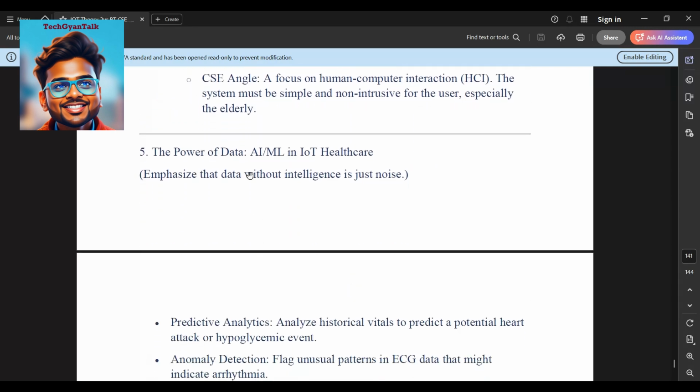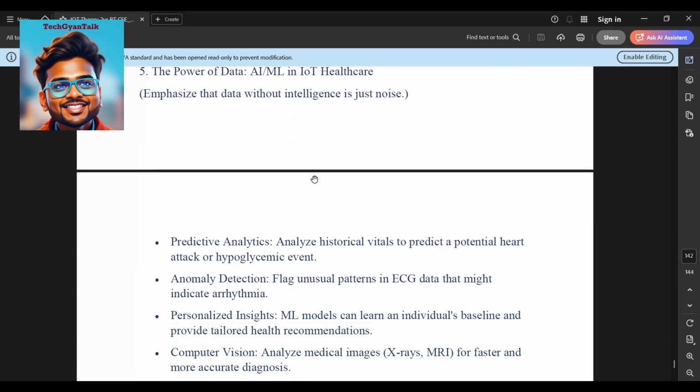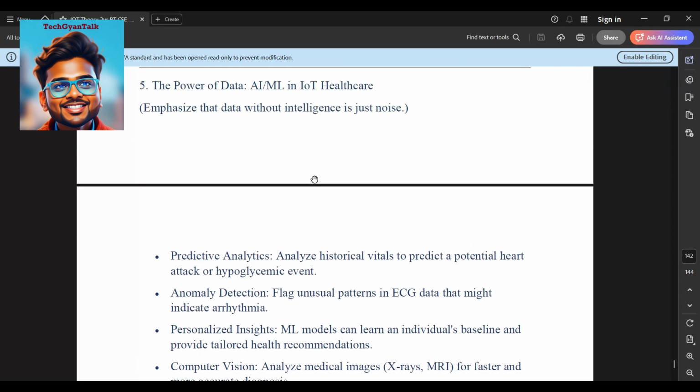The power of data, AI/ML in IoT healthcare: emphasize that data without intelligence is just noise. First, predictive analytics, analyzing historical vitals to predict a potential heart attack or hypoglycemic event. Anomaly detection flags unusual patterns in ECG data that might indicate arrhythmia.